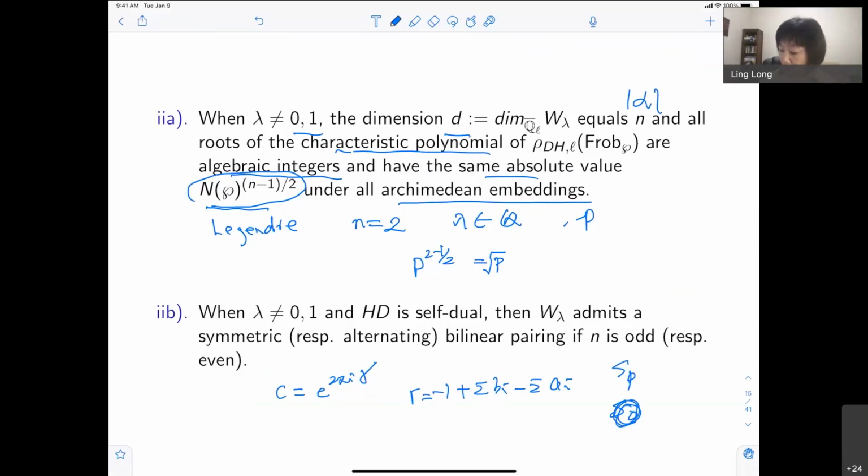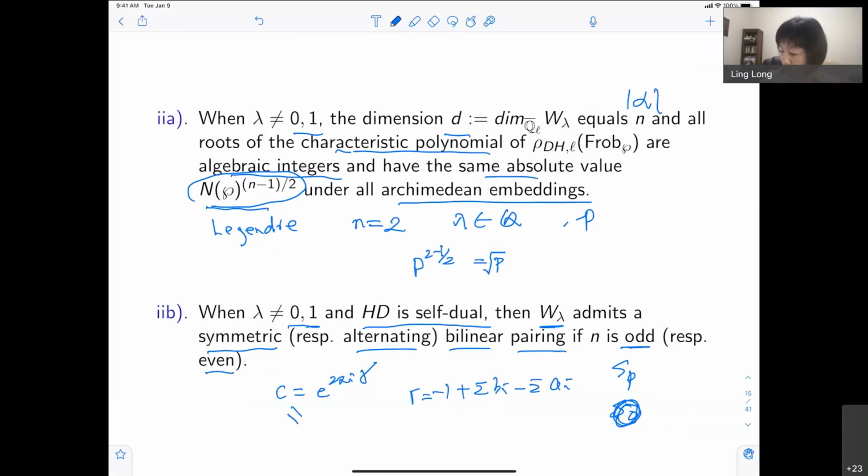So correspondingly, if the fiber is not 0 and 1, and you know that your hypergeometric data is going to be self-dual, then your representation space will admit either a symmetric or alternating bilinear pairing. It only depends on whether the multiset alpha is odd or even.